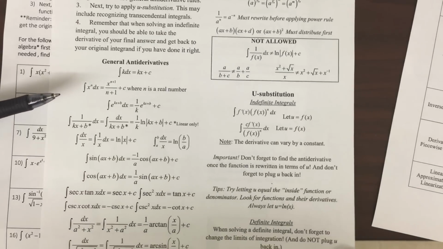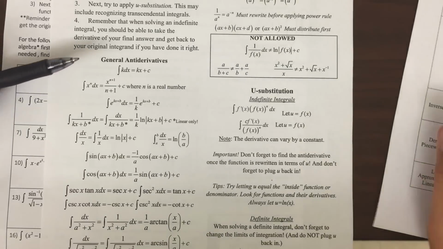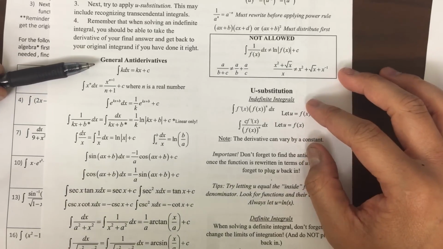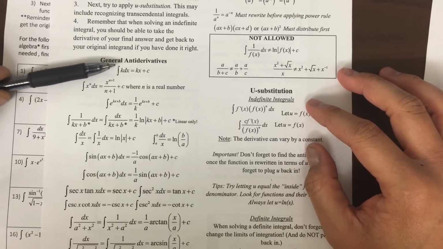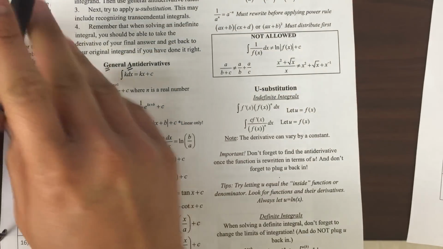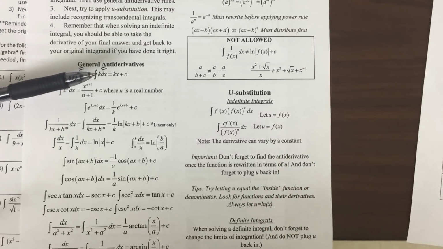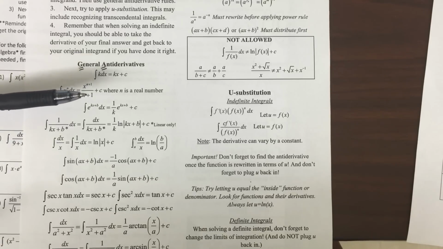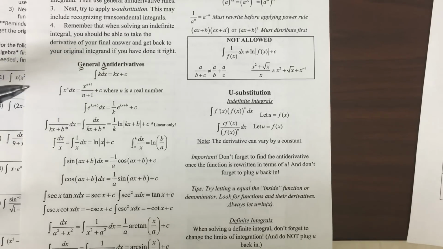And here is the summary of the general antiderivative, GA for general antiderivative. If there's a constant, then the antiderivative of that constant is going to be kx plus c. If you have a power function, then you increase the exponent by 1, divided by that same value, plus c.